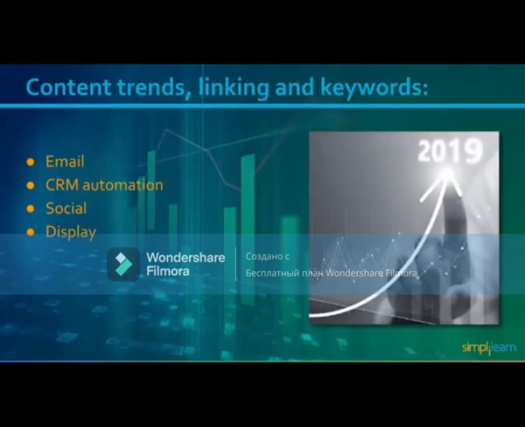Especially in the CRM automation, someone has to write the content that needs to be automated. And so, again, this then gets into looking at the trends because with automation, you not only need to write the content, but you need to then plan the content. When is it sent? When is this completed? When is this done?